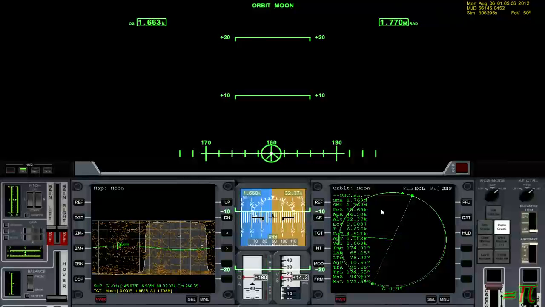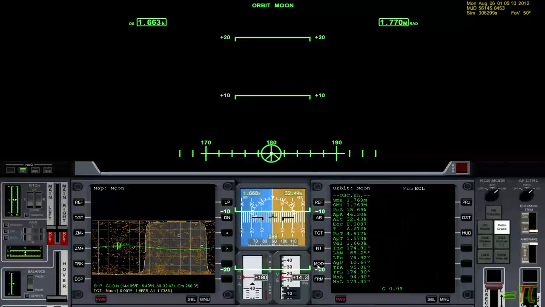We are in orbit. The high point is, let's see, turn that off, 46 kilometers. The low point is 15 kilometers. Not bad.